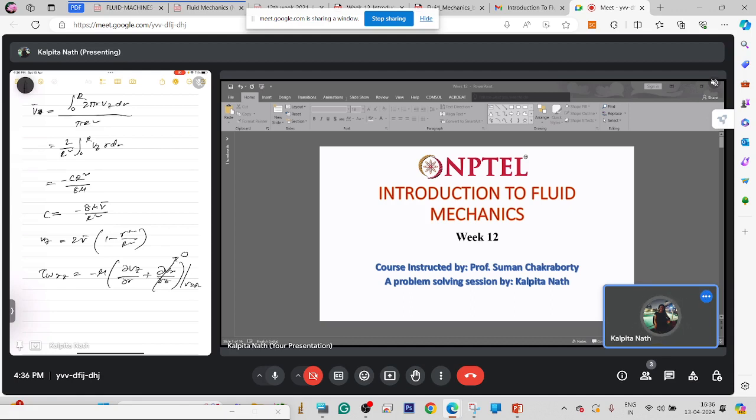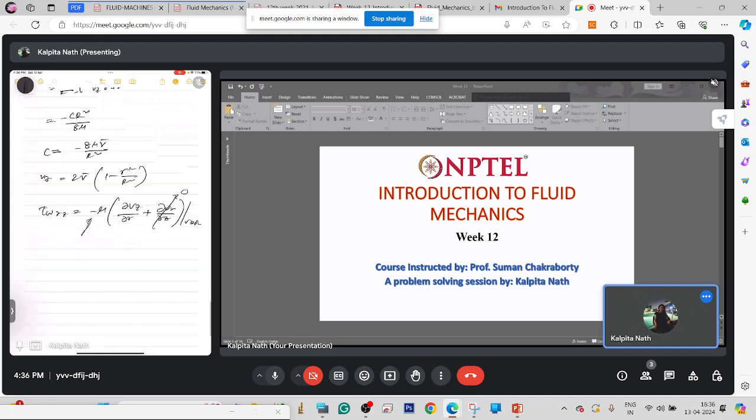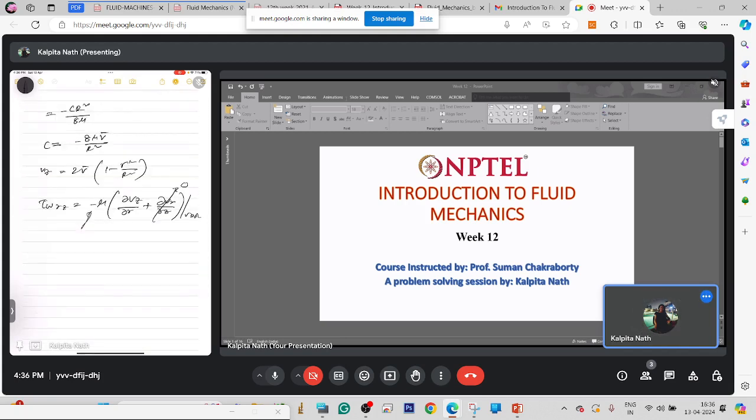So this will be 0. Now this negative sign is because the r direction points from the center line towards the wall, that's why there is a negative sign. So tau w at small r equal to capital R is equal to 4 mu v bar by capital R.